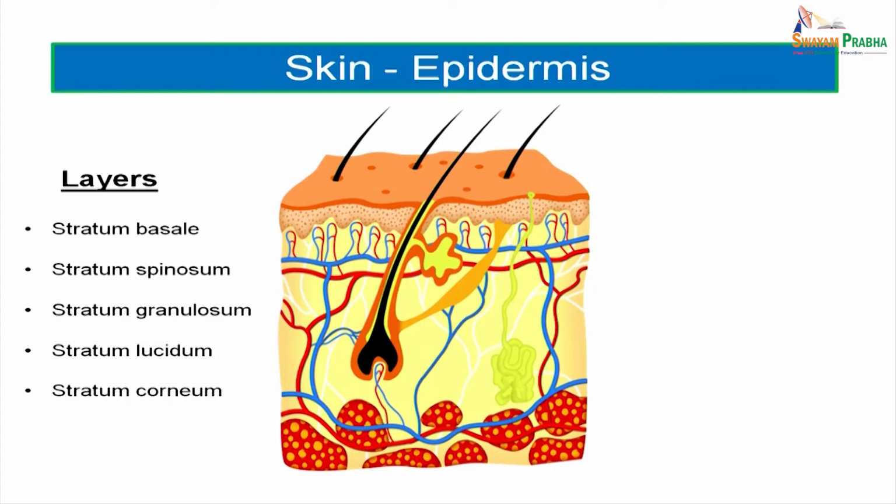This is also called the Malpighian zone, and some authors consider the first 3 layers as the Malpighian zone itself. The next layer is the stratum granulosum.